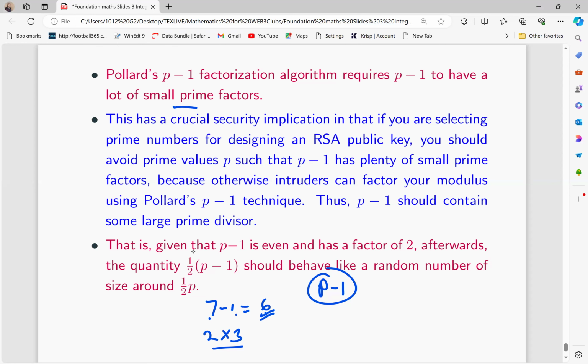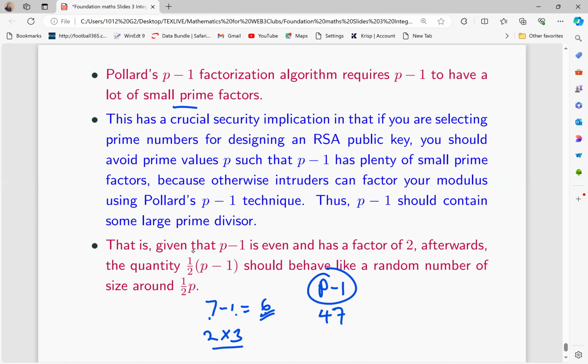What if you chose a number like, let me say, 47? I don't know whether 47 is a prime number.